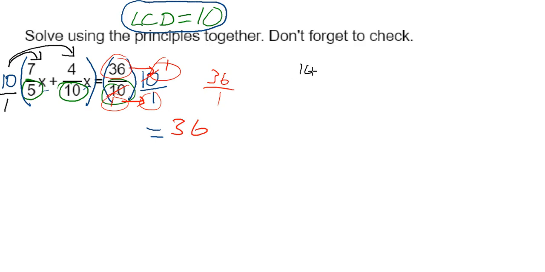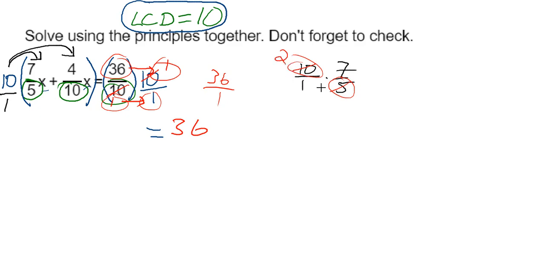So we're going to have 10 over 1 times 7 over 5. Now when you practice this a few times, you'll be able to kind of work this out in your head. What's going to ultimately end up happening is that the 5 on the bottom should cancel out with my common denominator of 10. Right? If these don't cancel out, then you don't have the right common denominator. The 5 goes away, it divides into the 10, which leaves me with a 2.